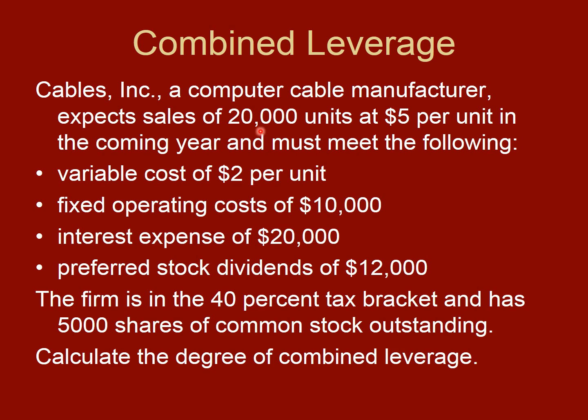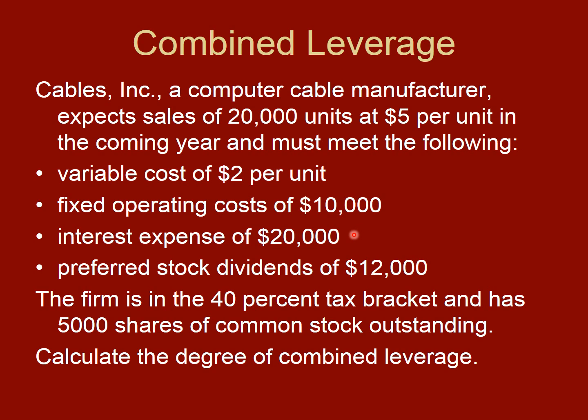We've got 20,000 units at $5 per unit, so we're going to have total sales in our base case of $100,000, right? And our variable cost is $2 per unit, so our variable cost in the base case is going to be $40,000. Our fixed operating cost is going to be $10,000.